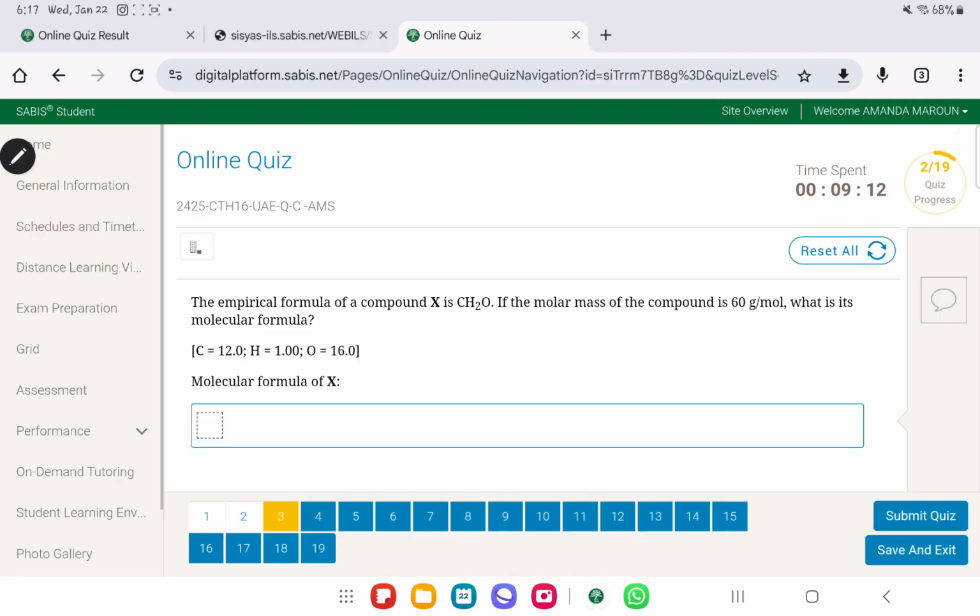Moving on to question number 3. The empirical formula of a compound X is CH2O. Okay, we are given what? The empirical formula. If the molar mass of the compound is 60 grams per mole, what is the molecular formula? Very simply, when we face something like this, we are gonna take the given molar mass, which is 60 grams per mole, and we are gonna divide it by the molar mass of the empirical formula. So what is the molar mass of this?